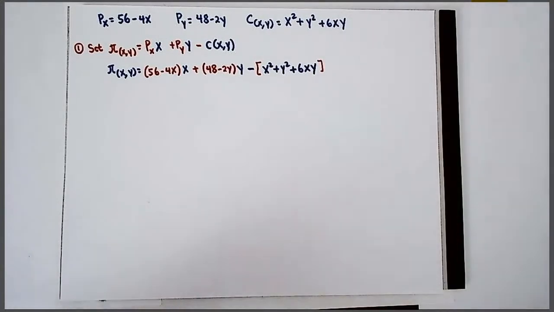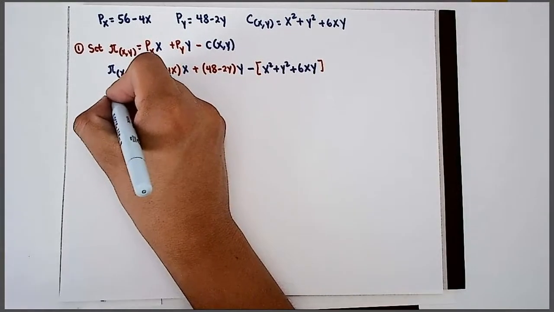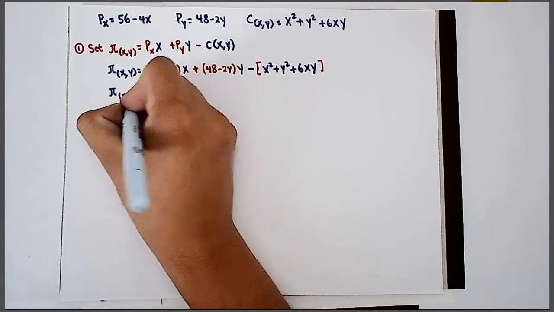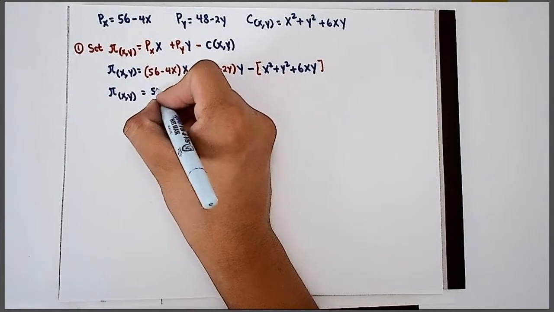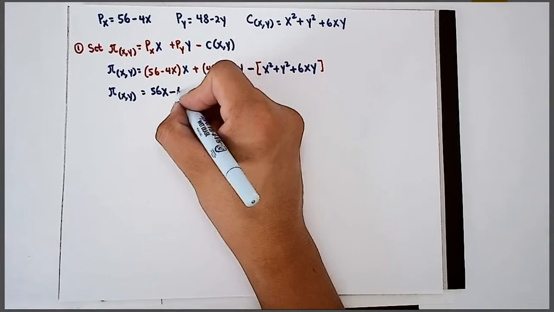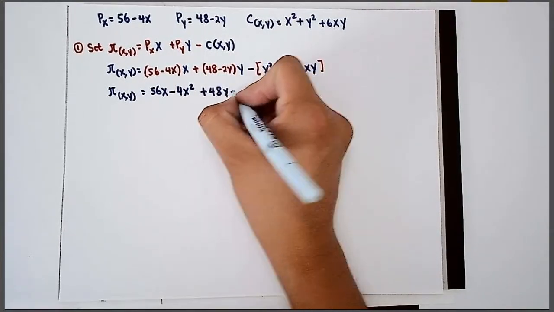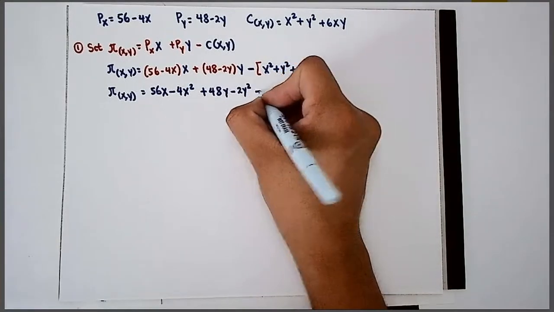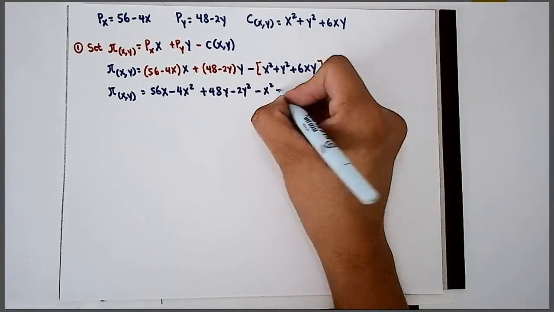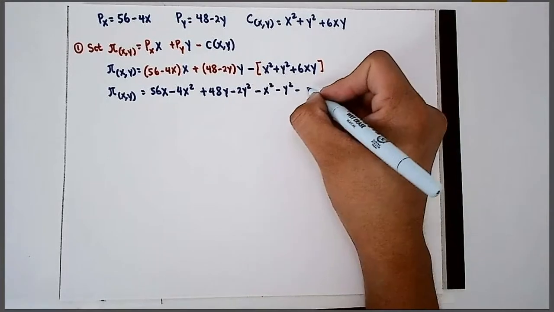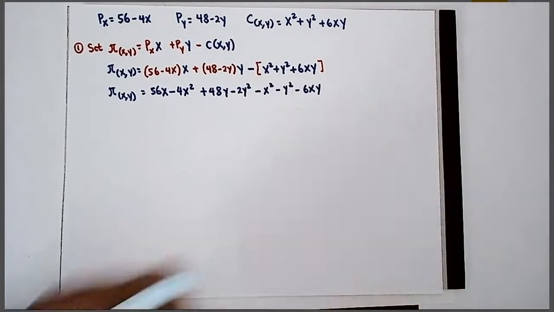And now we can use algebra to reduce these operations. So this is 56x minus 4x squared plus 48y minus 2y squared minus x squared minus y squared minus 6xy.